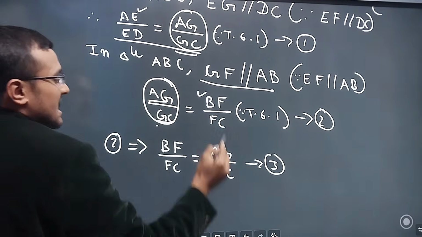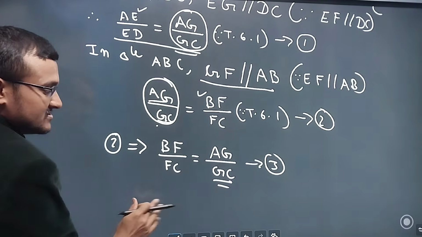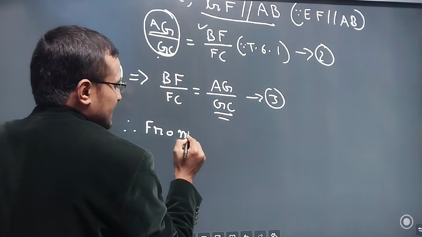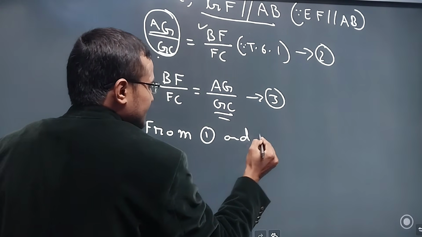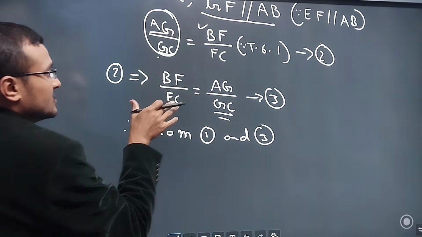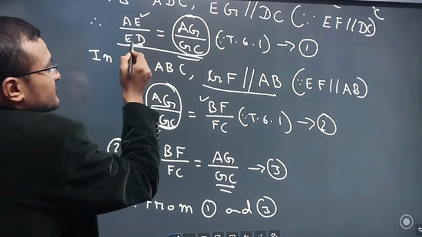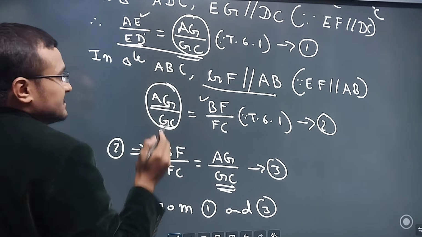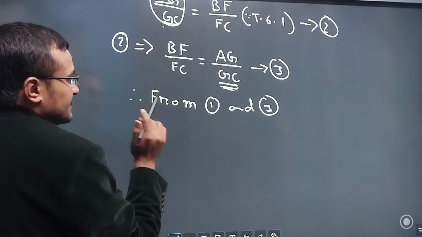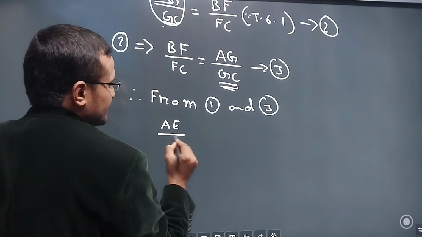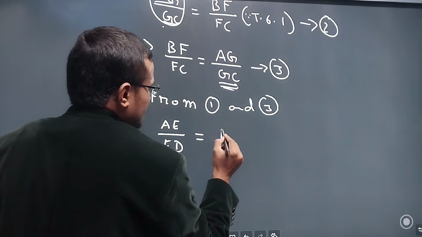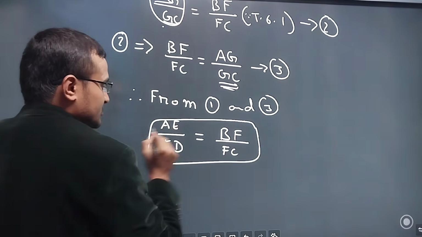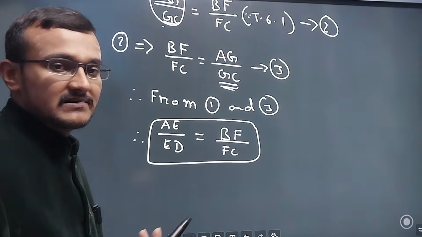You can see the RHS are equal in both equations, AG by GC is equal to AG by GC. LHS is AE by ED and BF by FC. Therefore AE by ED is equal to BF by FC. This is what they asked us to prove in this example, and we have proved that.